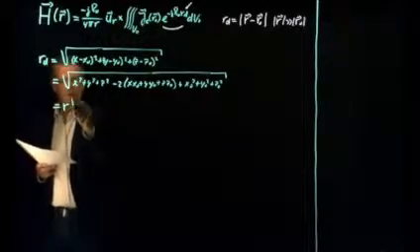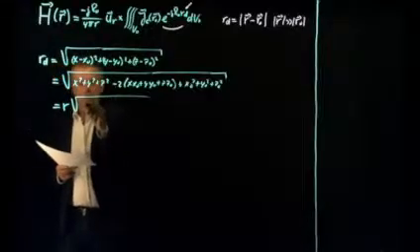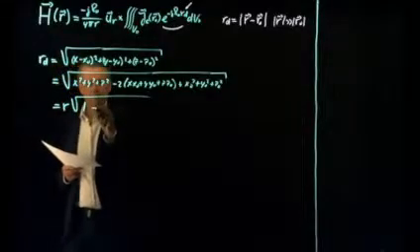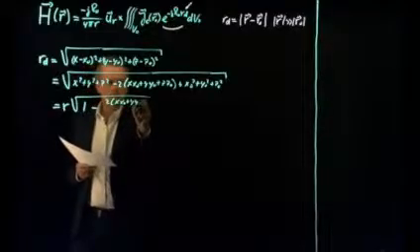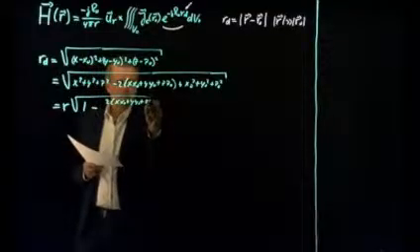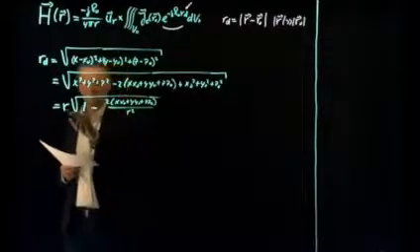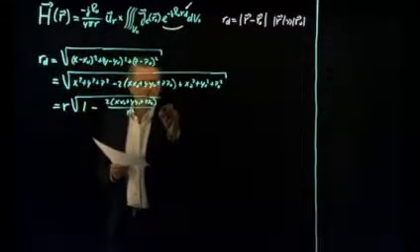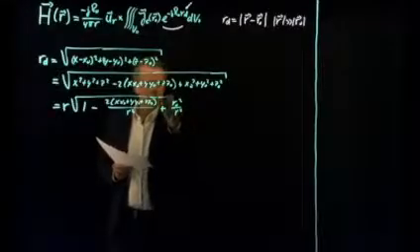So this is r squared, and then the square root is r. We have 1 minus 2 times this term divided by r squared, because we put the r in front, plus r naught squared divided by r squared.